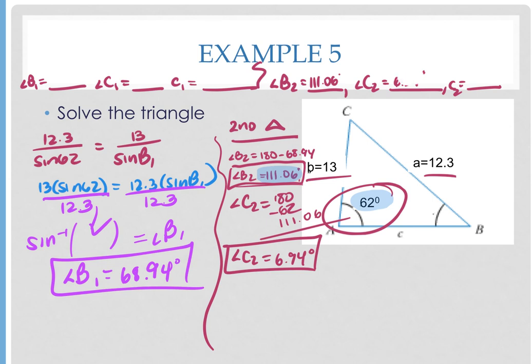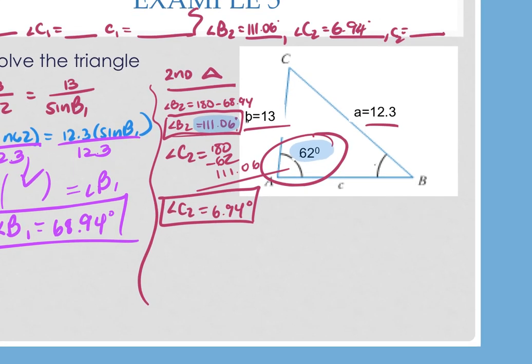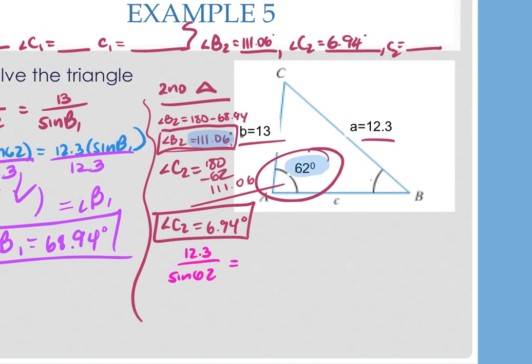So then to find the last side for the second triangle, I have to set up a ratio. I always go back to the original ratio that was given to you, which is the A's. So I keep going back to that. A, which is 12.3, over the sine of angle A, which is 62, equals, I'm missing side C2, over the sine of angle C2, which is 6.94.